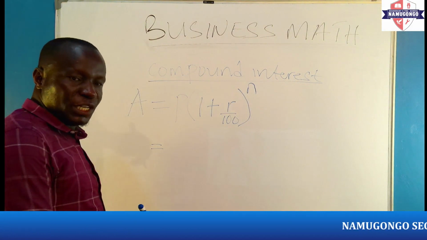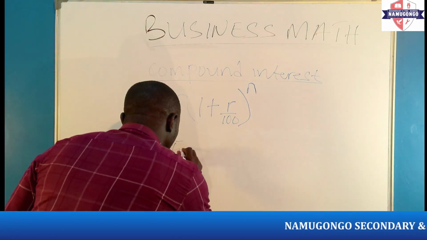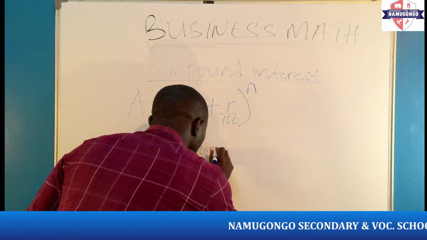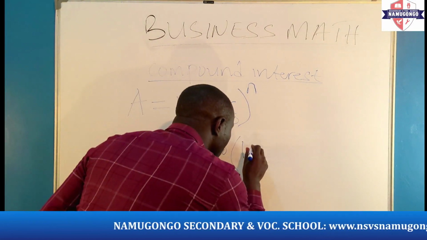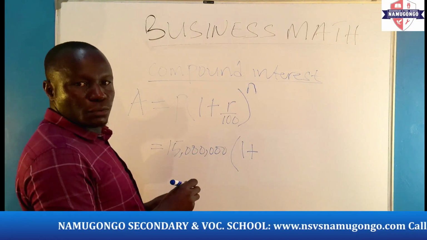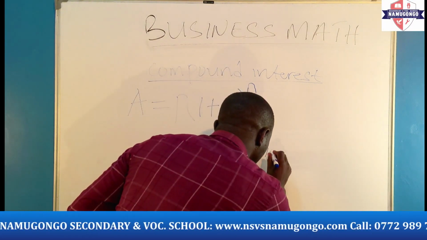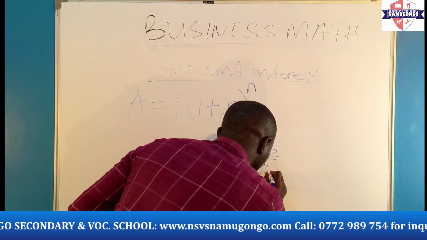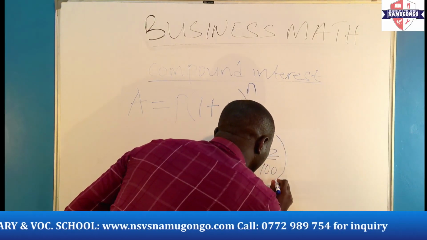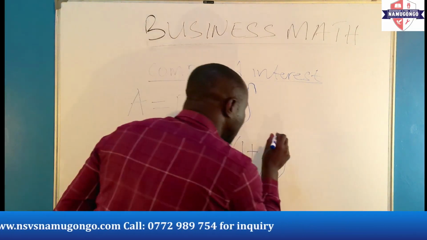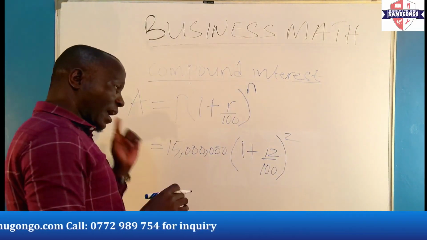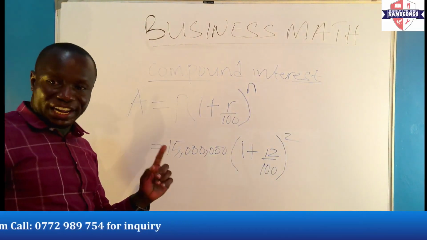Our P, our principal, is 15 million shillings into 1 plus R, which is 12%. That's going to be 12 over 100. Then the whole of this is raised to the power of 2. Our N is 2. Then from here, when you are computing, you have to be very careful.